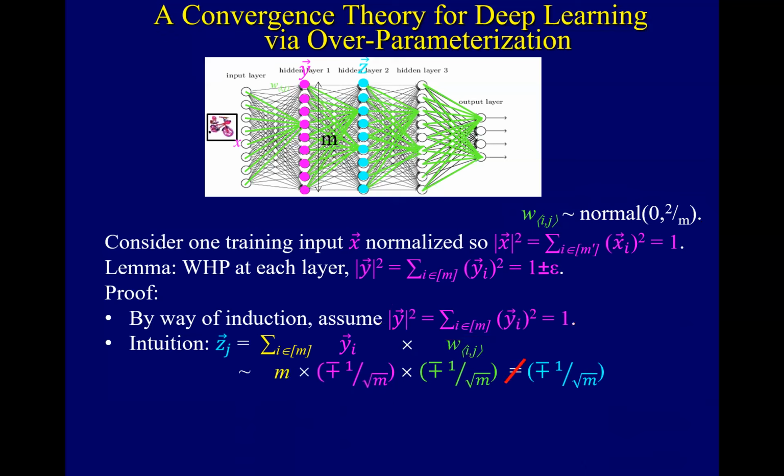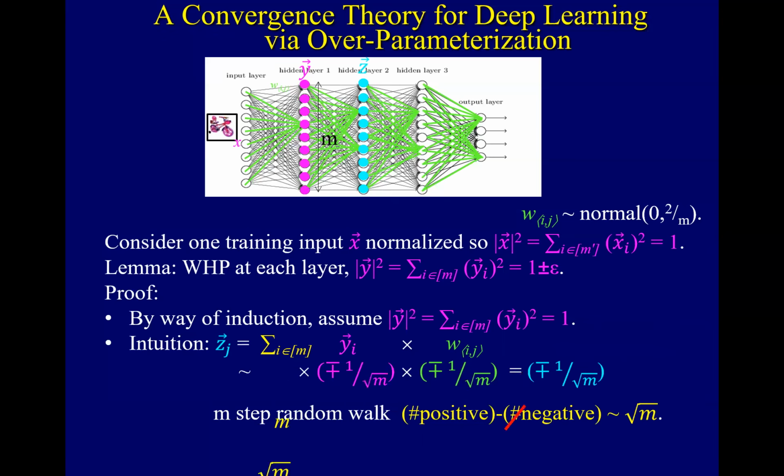And then you add up over m, and the math works, right? So the reason I'm doing this example is to show why the math works. It's basically these plus or minuses are random, so the cancellation is a random walk, right? And the random walk gives you a deviation of square root of m, and you bring in square root of m, and it works, right?